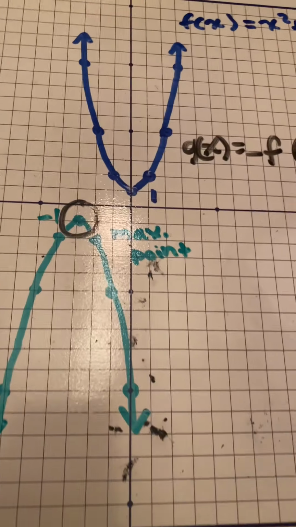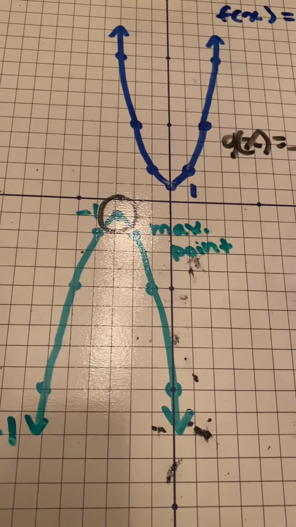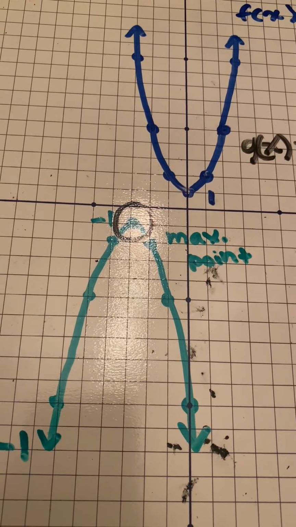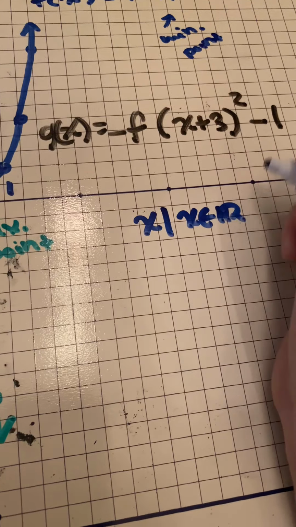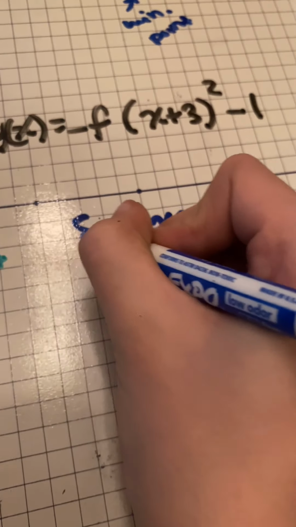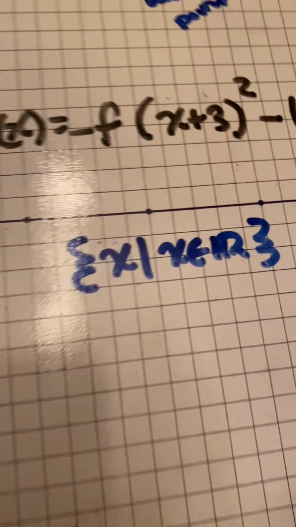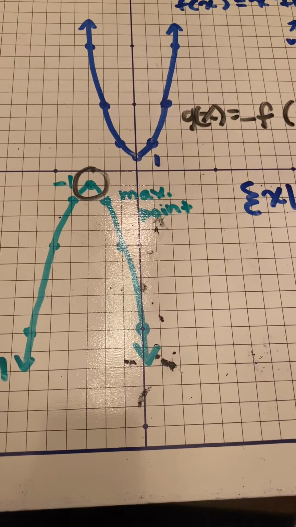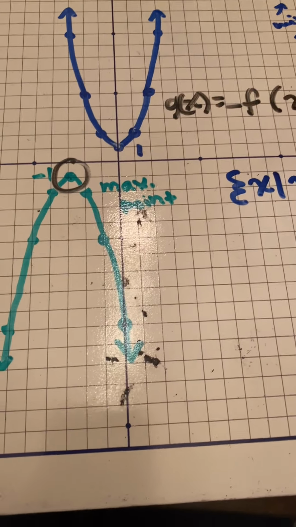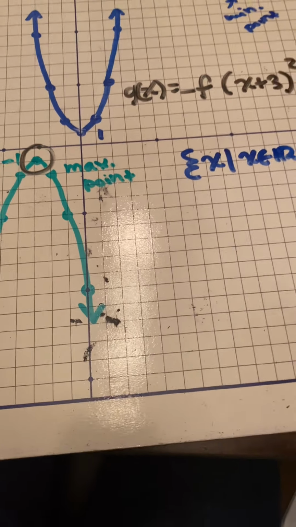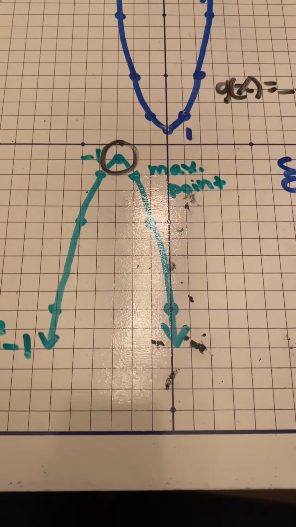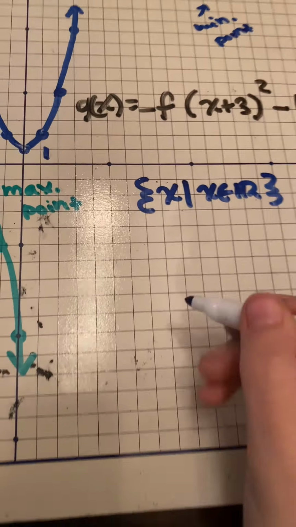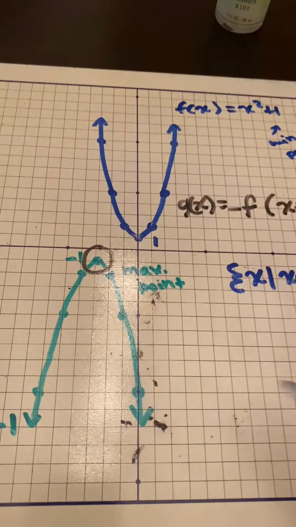So x is an element of the real numbers. Because it's continuous, your domain will reach all these numbers. It will go further down. It could reach the fourth quadrant, this quadrant over here. So it's first, second, third, fourth.